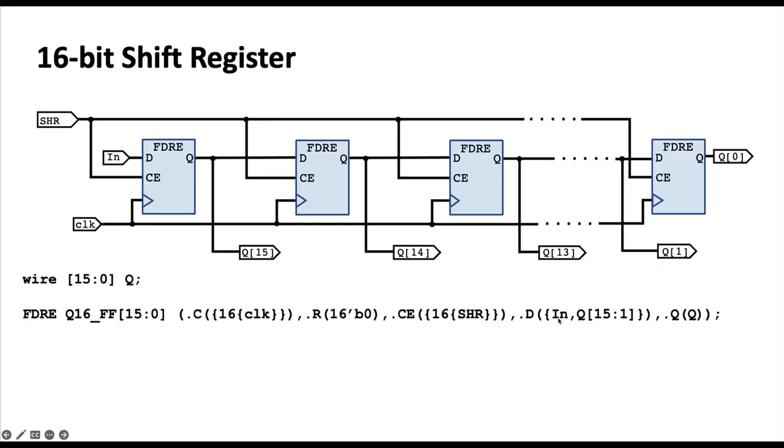So I form a new bit which loses Q0 and has in on the left. And that's what gets loaded into the flip-flops. So this is how you would do a shift register that shifts right. Okay, if you wanted to shift left, what would you do?